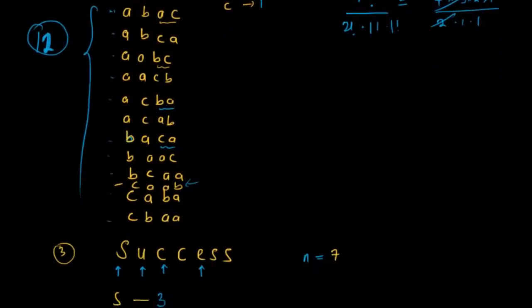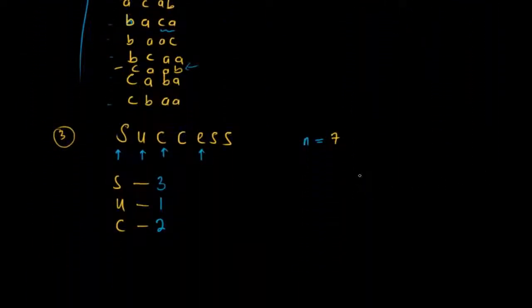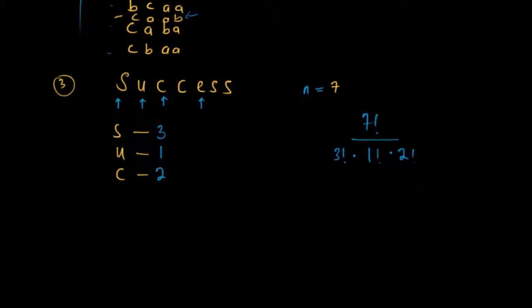So we come back here, it says n factorial, which is 7 factorial, divided by the product of the number of ways. For S we have 3 factorial, times for U that's 1 factorial, times for C that is 2 factorial.